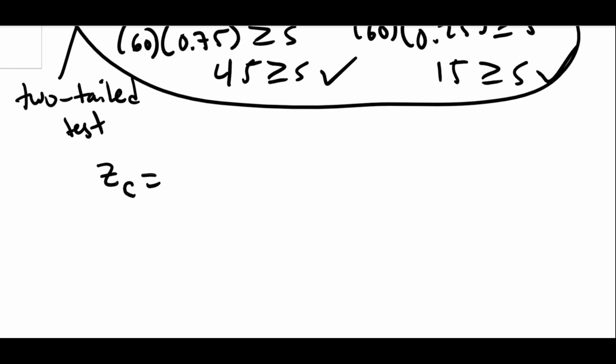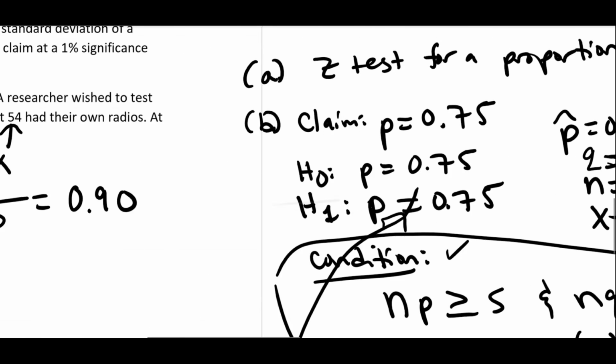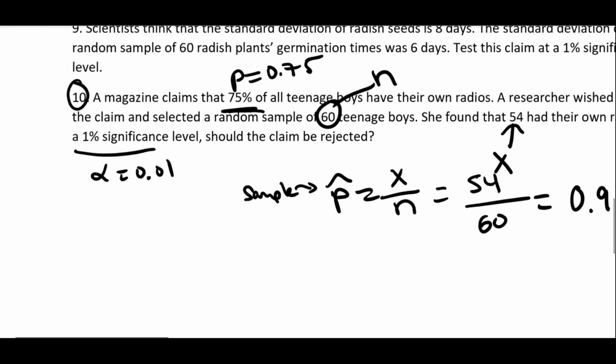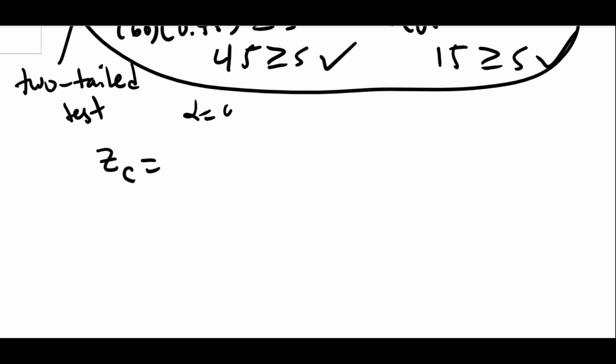Since we're doing the critical values, there's going to be two of them because it's a two-tailed test. We know that our alpha, I believe, was written down. Let me see. No, I didn't write it down. At the 1% significance level, alpha is 0.01. Remember, every time you have a two-tailed test, you have to do alpha divided by 2.